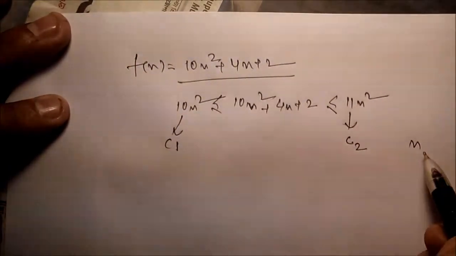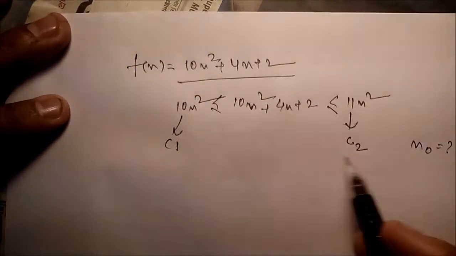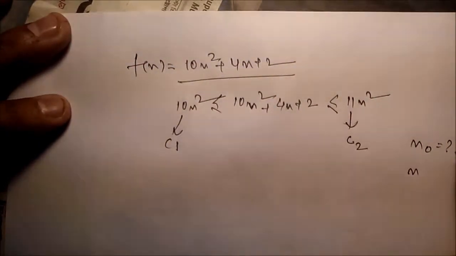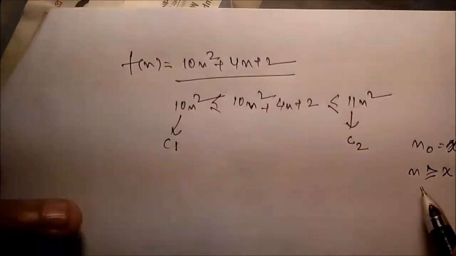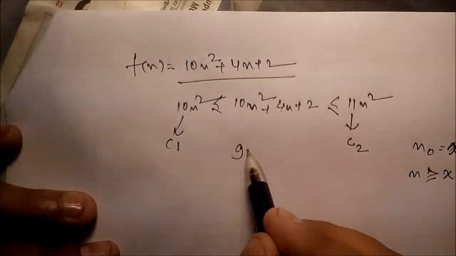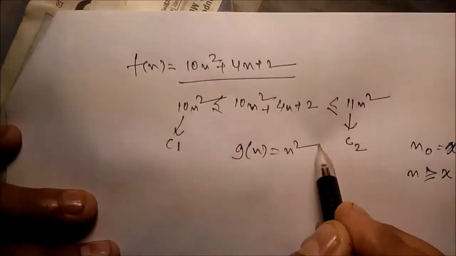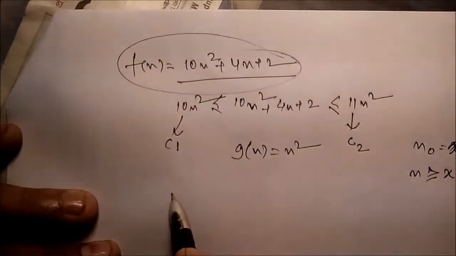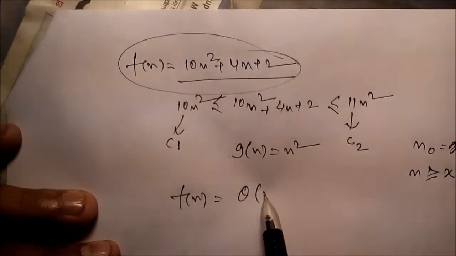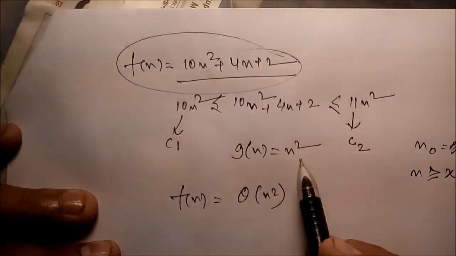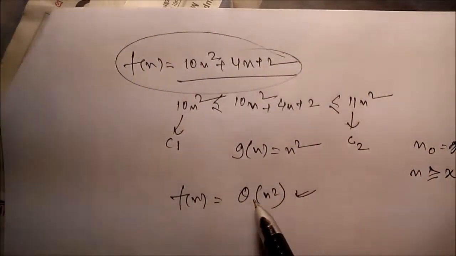We have to identify the n0 value, say it is x, so n should be greater than or equal to x. And Gn is nothing but n square, so for this Fn we can write theta of n square, theta of Gn.